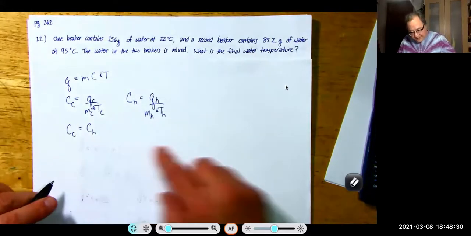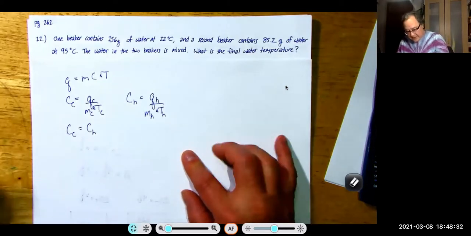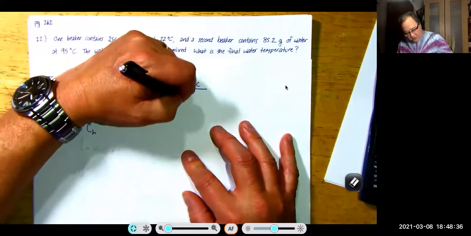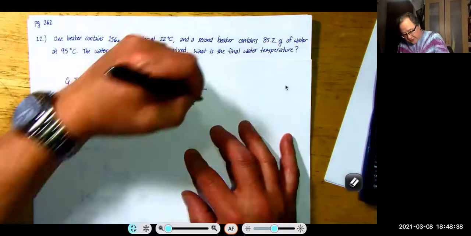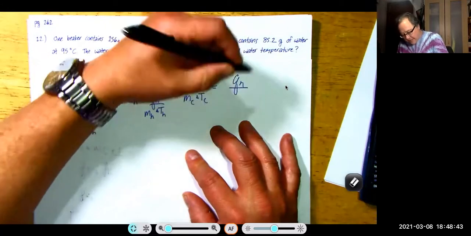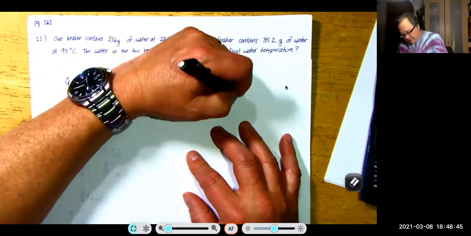So we can basically say that Q of the cold over the mass of the cold, change in temp of the cold, is equal to Q of the hot over mass of the hot, change in temp of the hot.